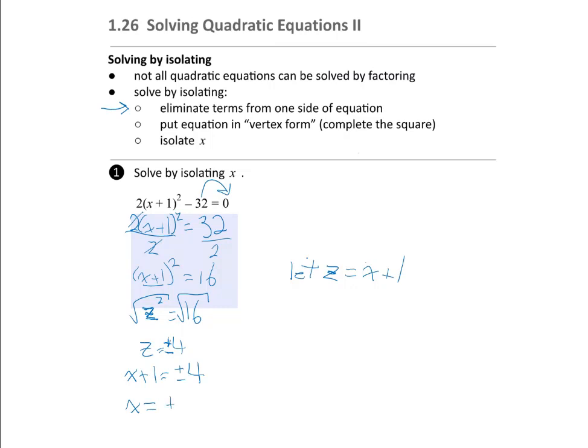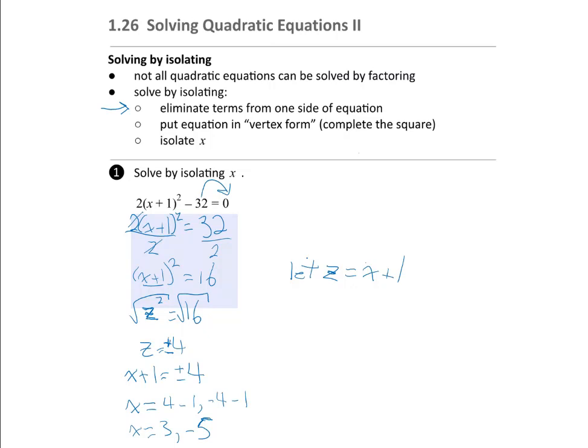So we could have positive 4 minus 1, or negative 4 minus 1, because it's plus minus 4. Which means that x is equal to 3 or negative 5. Those are our two solutions there. So in this case, we couldn't solve by factoring. We were just solving by isolating.